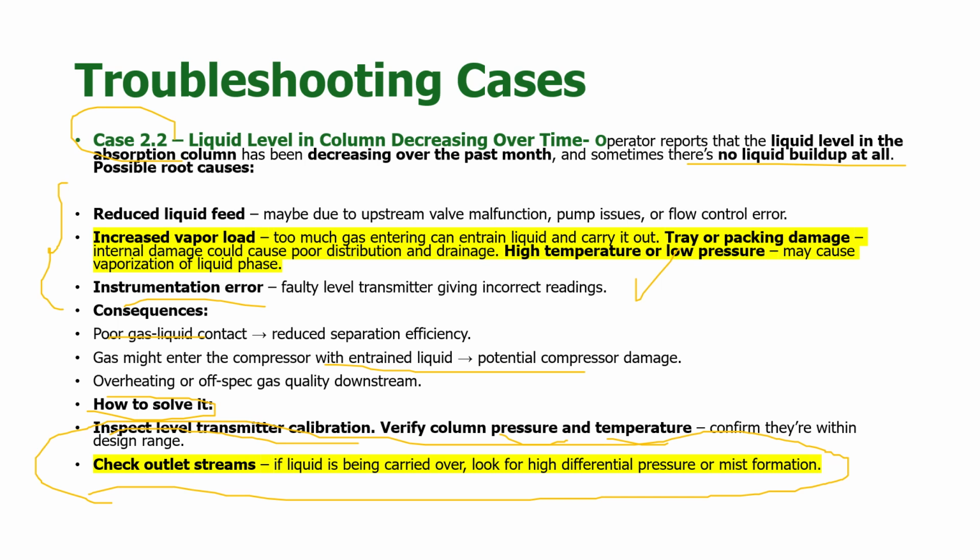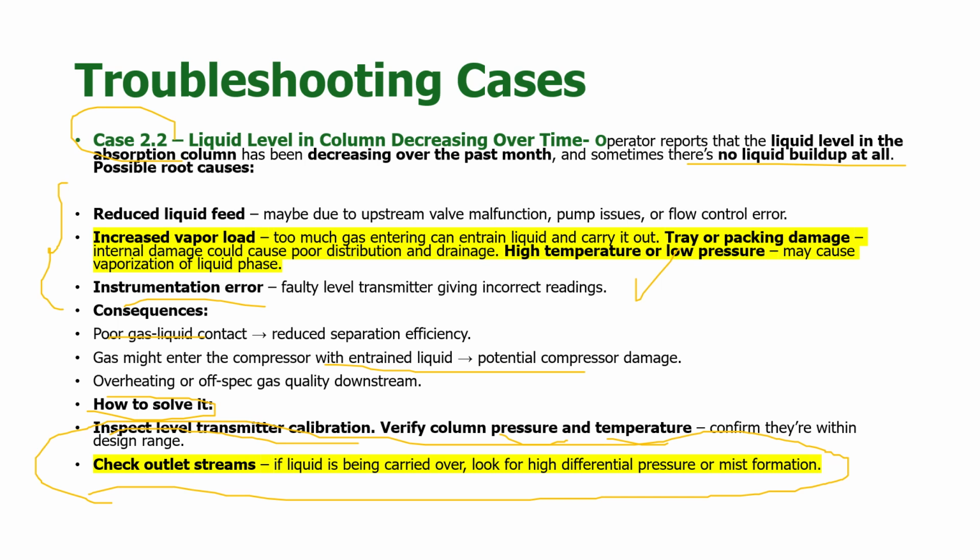I hope it's clear, and we have now discussed all parts of the troubleshooting cases and also multi-stage compression. So in summary, in multi-stage compression, good separation and proper operation between stages are really crucial.